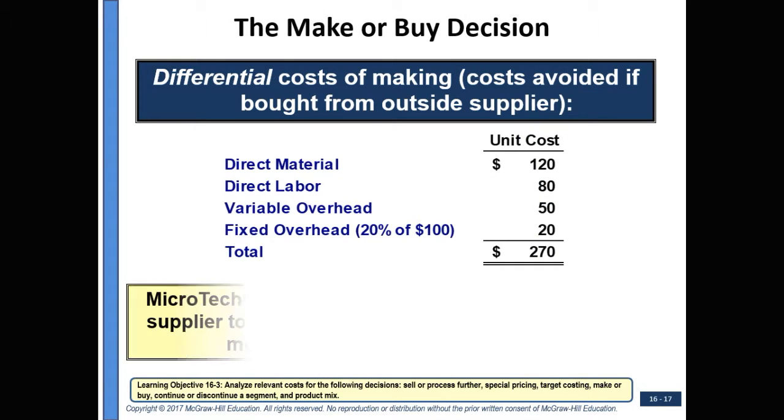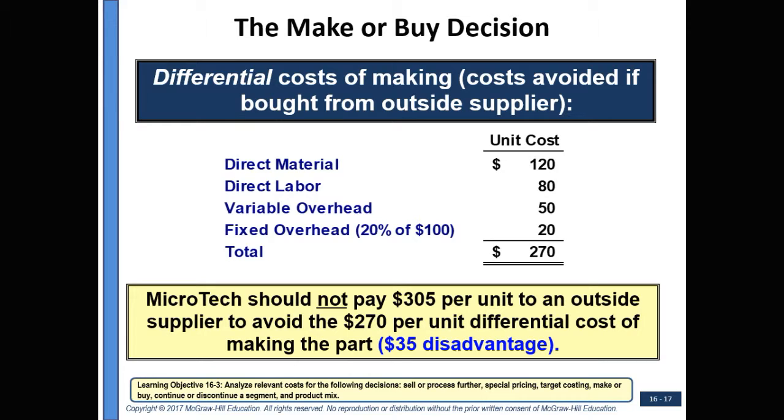The differential costs of making, the costs that are avoided if bought from an outside supplier, are shown on this slide. The differential costs are $270. They would avoid $270 of costs if they purchased from an outside supplier.